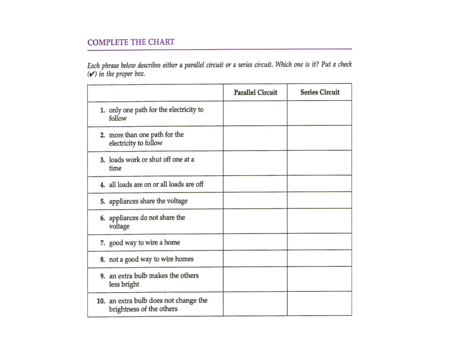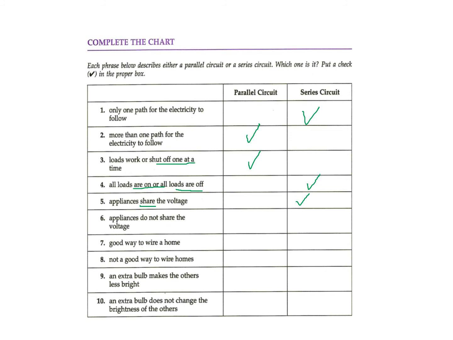Now let's just put a check mark. This is a summary. Only one path for electricity to follow, that will be a series circuit. More than one path for electricity to follow, parallel. Loads work or shut off one at a time, that's parallel. All on or all off is series. Appliances share, that's series circuit.